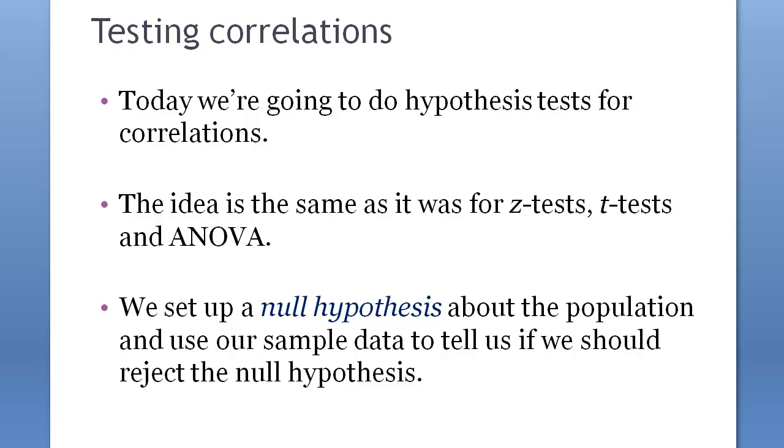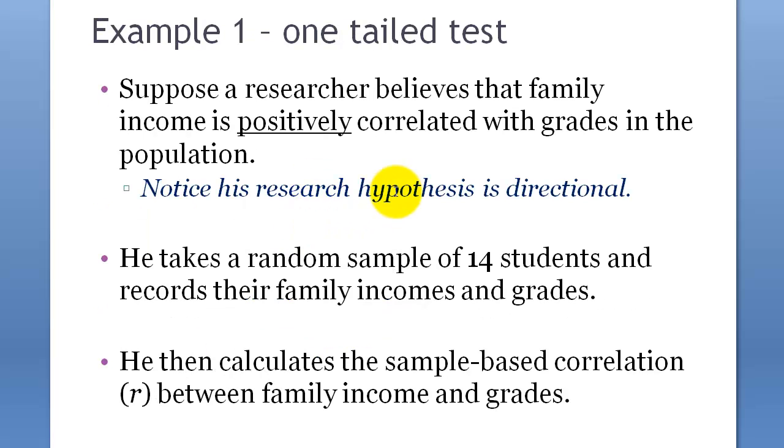So let's look at an example. This is the same setup of family income and grades in school. The researcher believes that family income is positively correlated with grades in the population. So that's a one-tailed test.